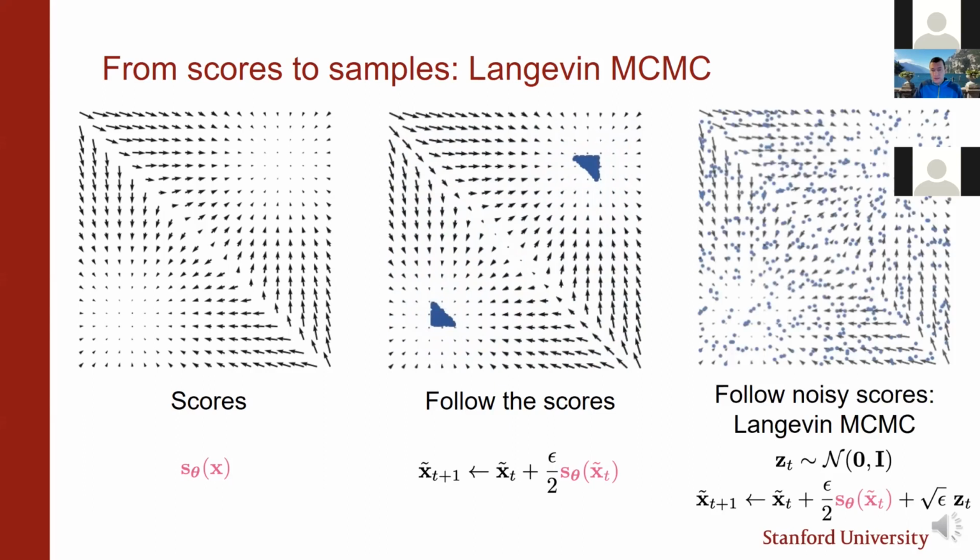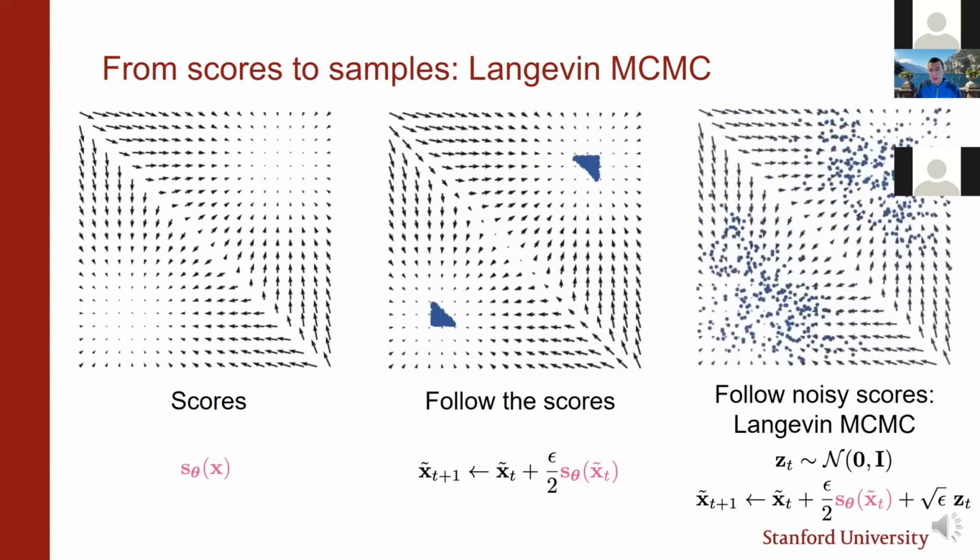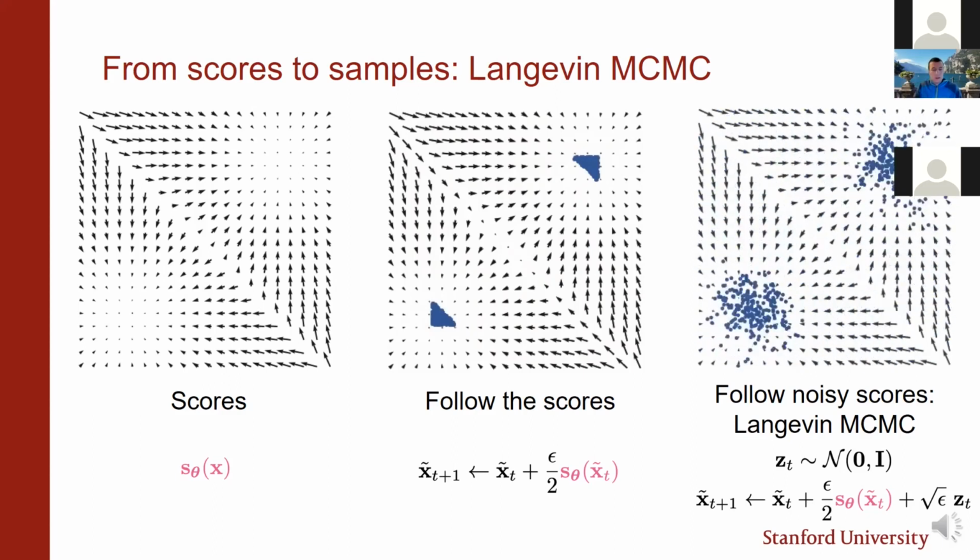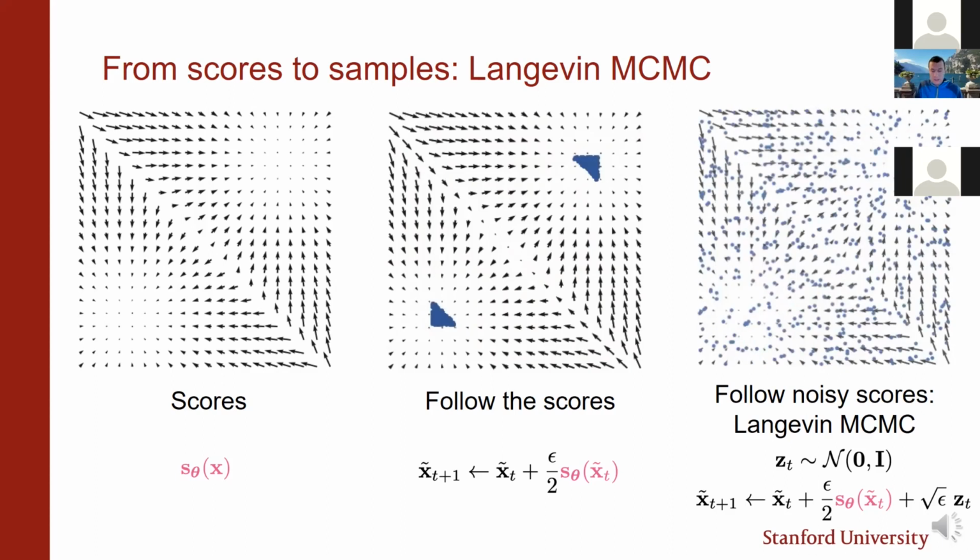It turns out that the idea we've just discussed, following the scores, would get stuck in a local optimum. So it will not explore, and it will not generate real samples from the data distribution. However, there is a way to change this procedure a little bit. Instead of just following the gradients, you follow the gradients plus a little bit of noise.